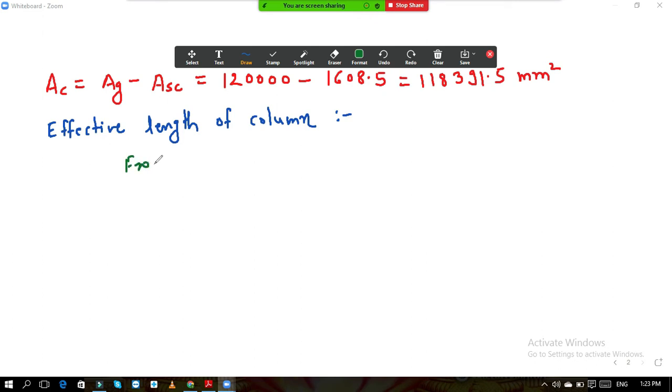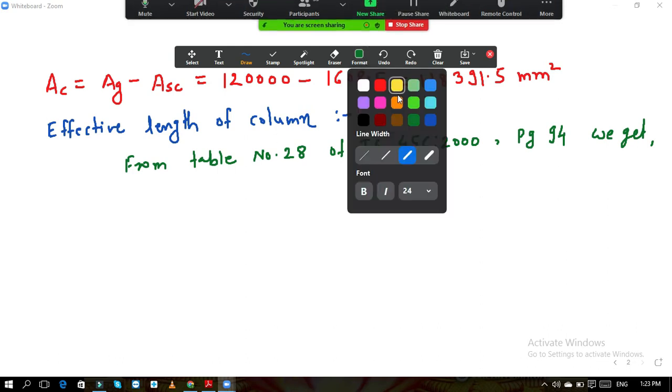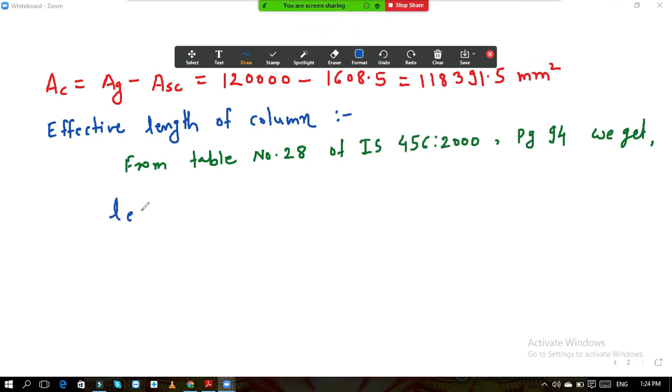We can say now, from Table number 28 of IS 456:2000, page number 94, we get that L effective is equal to 1.00 into L, which is equal to 1 into 3, which is equal to 3 meter.